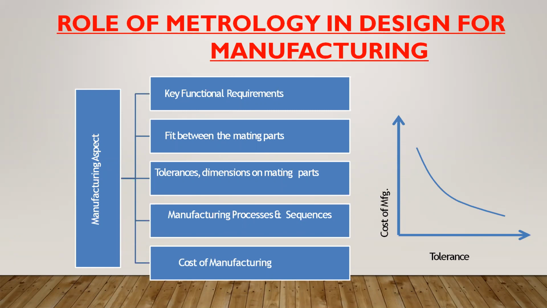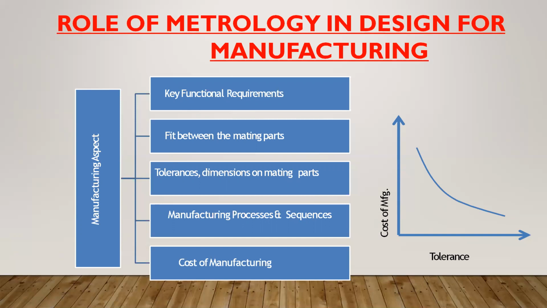In designing mating parts, we are going to see different types of fits, that is clearance fit, interference fit and transition fit. There are sub classifications also, but whatever fit you are going to produce is the fit between the mating parts. So that is also a major concern.